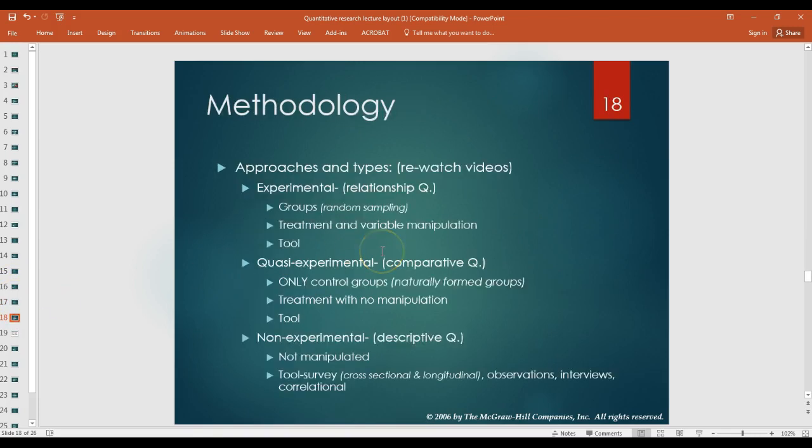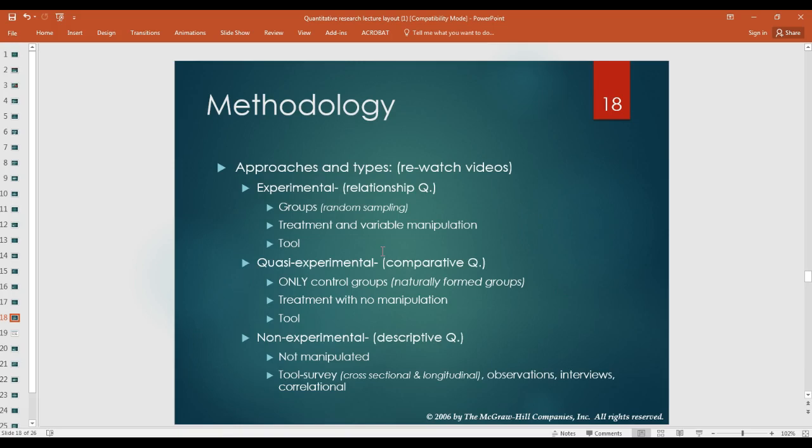Okay, methodology. Now, as we said, and as you saw in your videos, there are 3 types of designs in your methodology design of quantitative research.